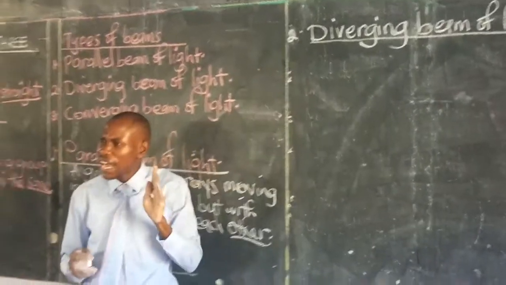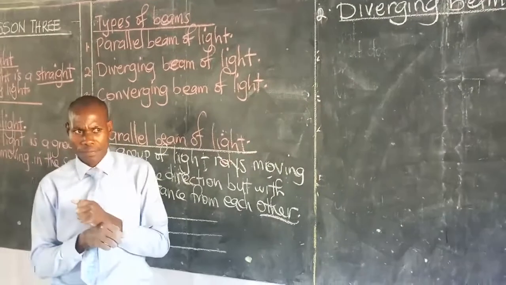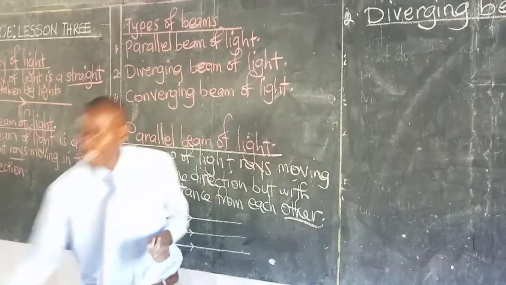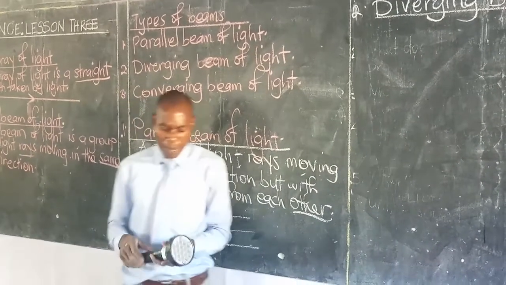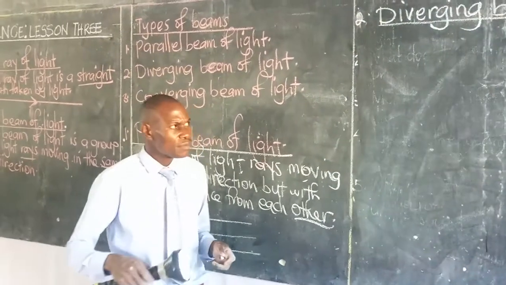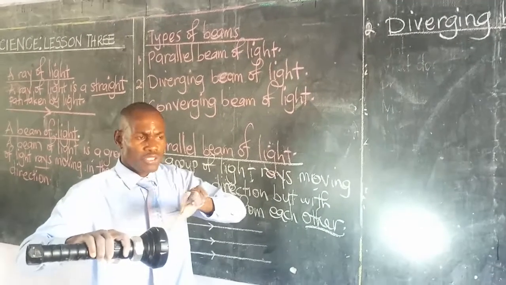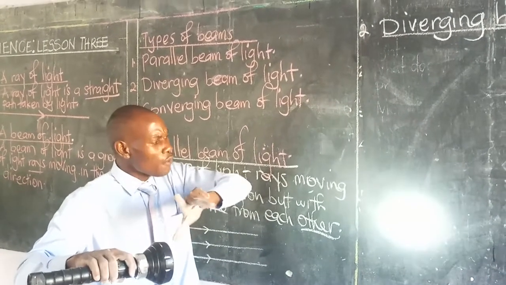Well, have you ever looked at the light of a torch very well? Especially at night. You discover that when your torch is on, you will see light moving from the torch. But that light is spreading.